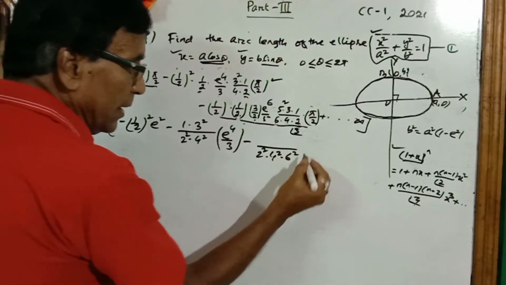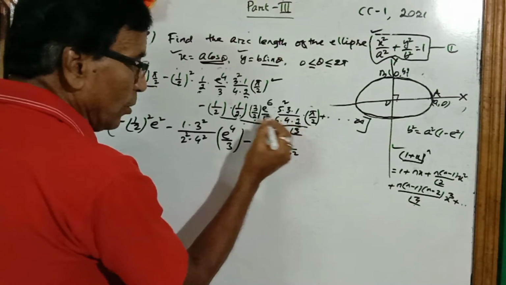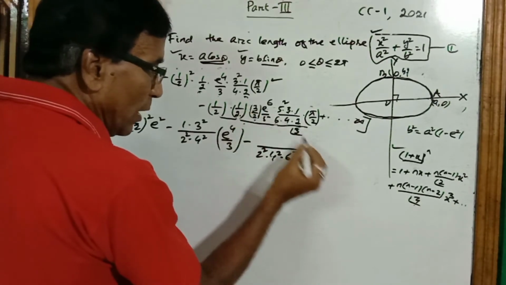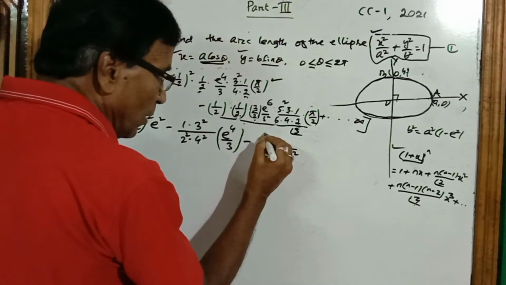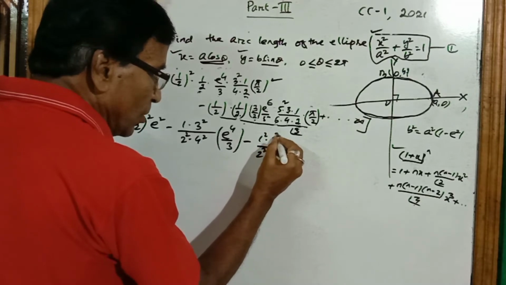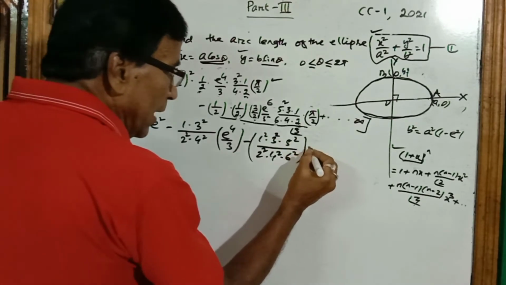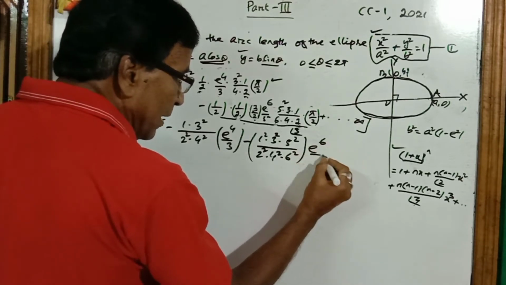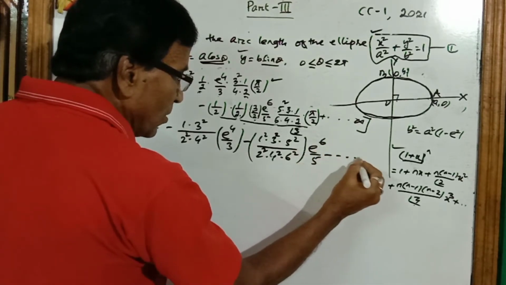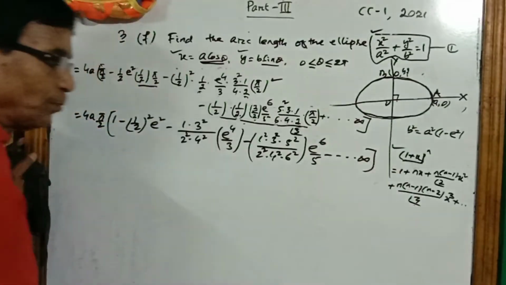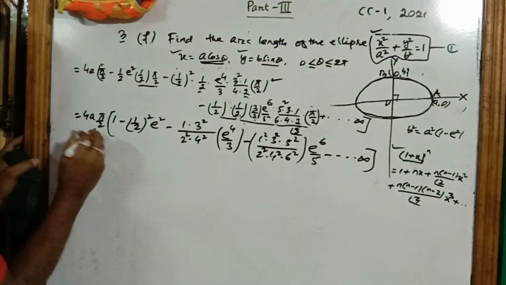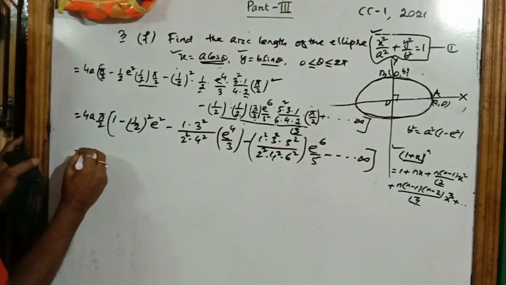So it is 5 square into 3 square into 1 square. So in the numerator it is 1 square into 3 square into 5 square, whole into e to the power 6 divided by 5, minus up to infinity. So now here it is 4 by 2, that is equal to 2.